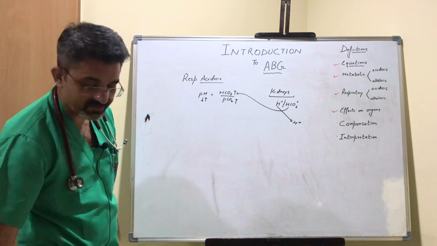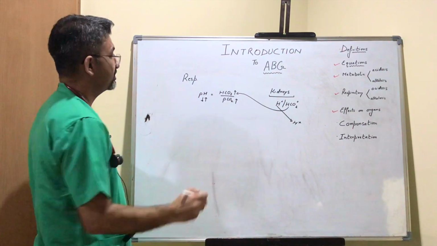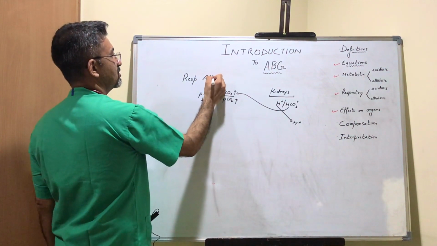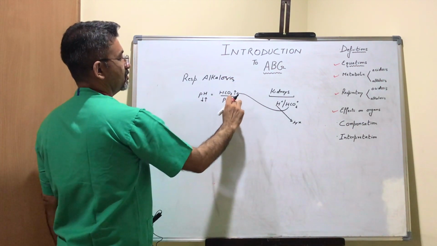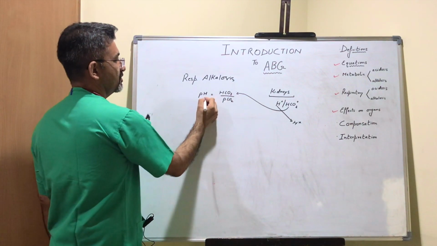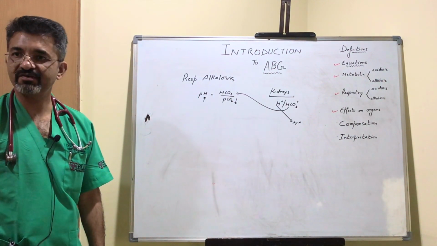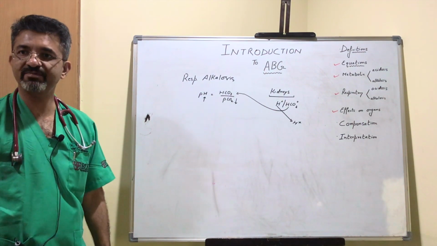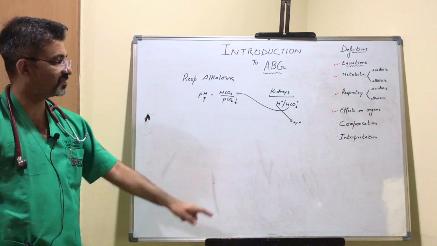Similarly, if I have respiratory alkalosis, my PCO2 is low. I am hyperventilating. If I am chronically hyperventilating, my PCO2 is low.